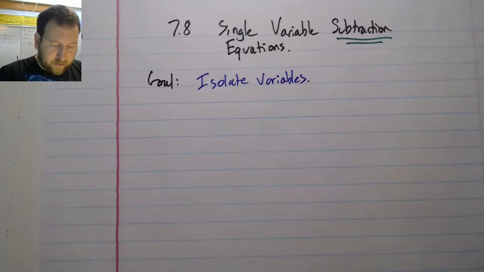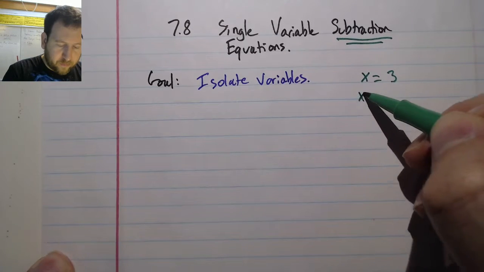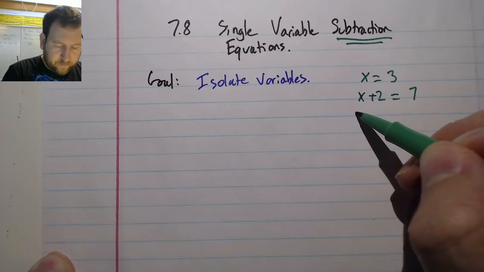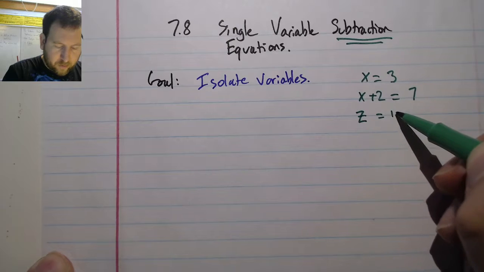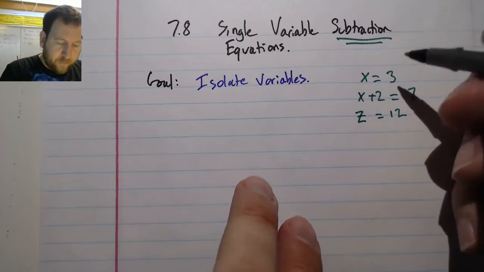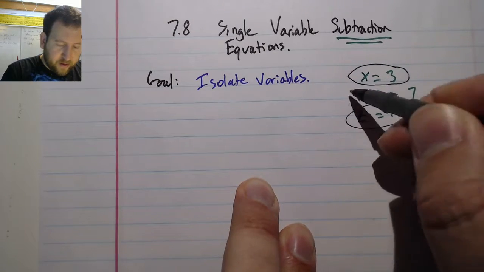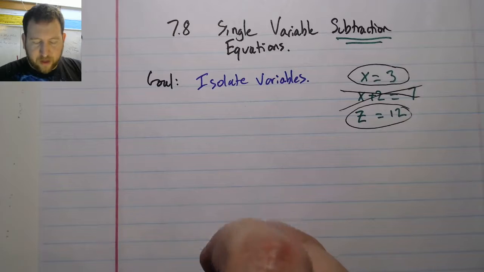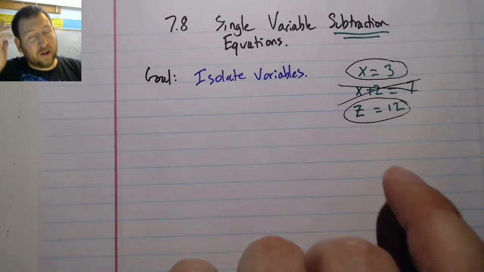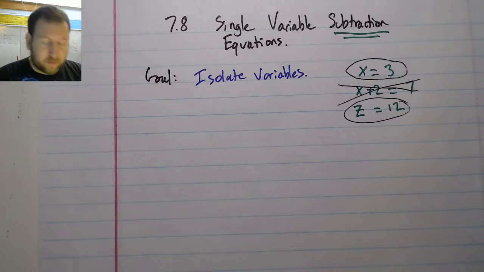And in this case, if I write three examples, we could certainly say that this is isolated, this is isolated, and this is not. Simply because our goal is to keep our variable on one side with all of our other stuff on the other. All right, so in this case, we're going to be looking at subtraction problems.